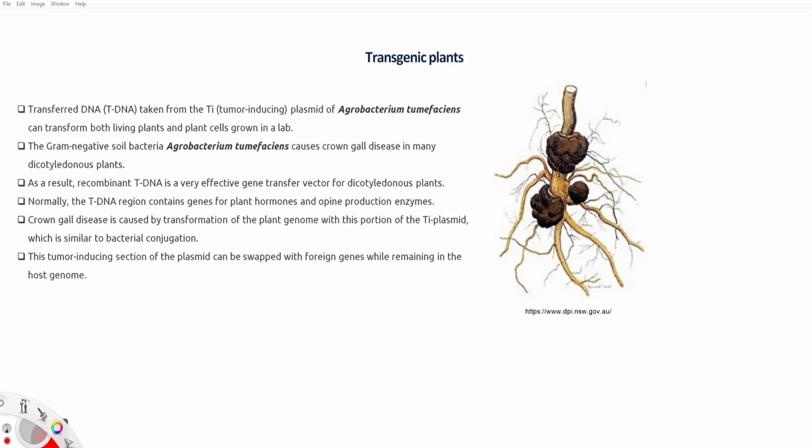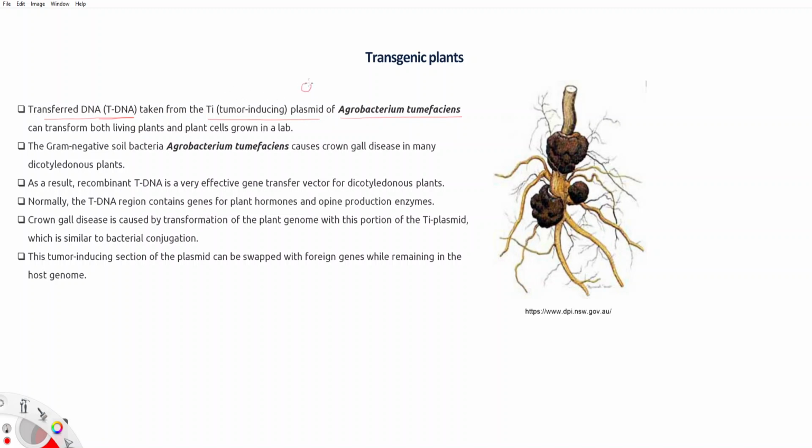So the rationale behind this plant transgene approach is that there is a transfer DNA, or tDNA, that is usually taken from the Ti or tumor inducing plasmid of a bacterium known as Agrobacterium tumefaciens. So Ti, tumor inducing plasmid.